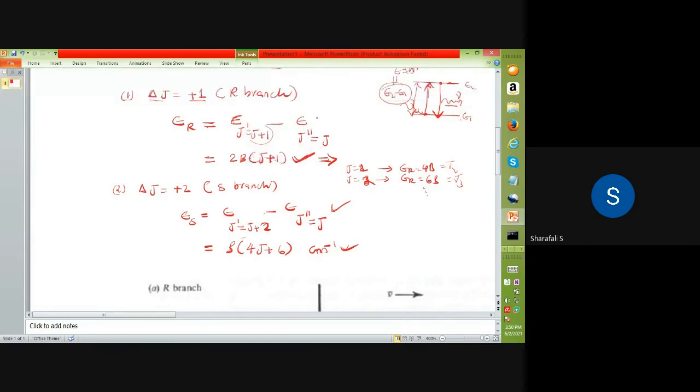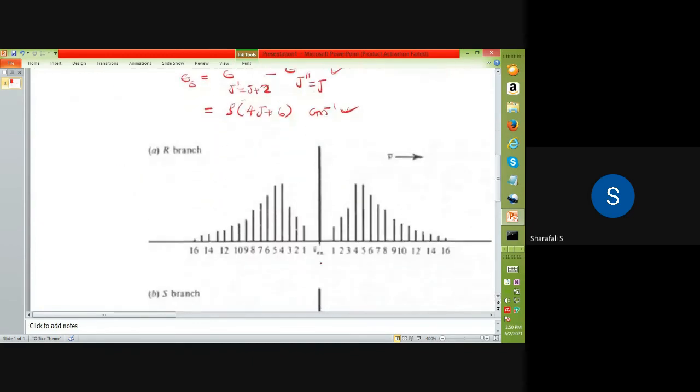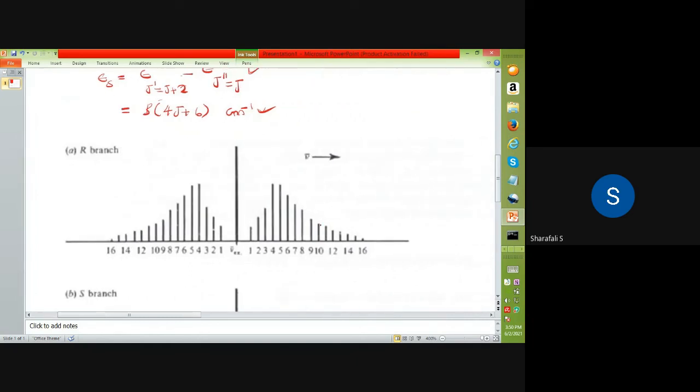So in this, we have j equal to 1 first, then j equal to 2. Then if you are considering j equal to 3, we will have 3 plus 1 equal to 4 into 2, 8b. This will become 8, and so on. So you will get that from this diagram as well.